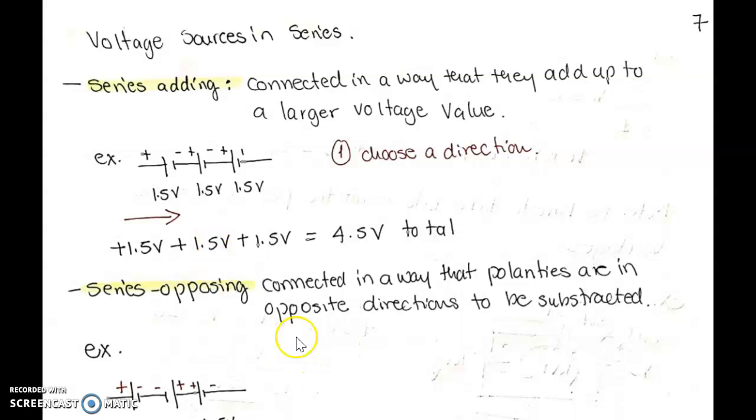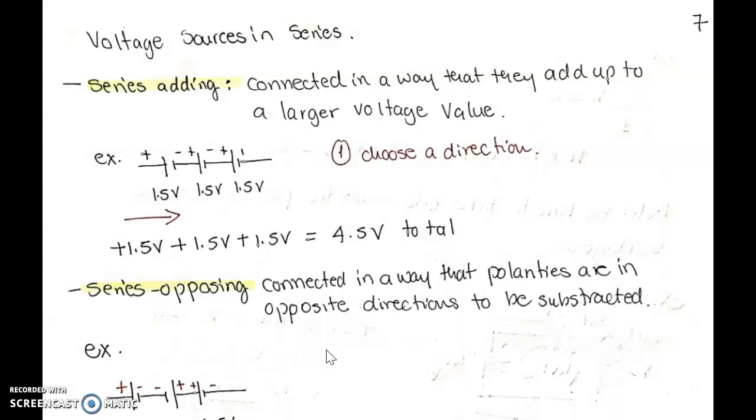It can be a different way. It can be a way that one of the batteries is connected in the opposite way, and those are called series opposing. The definition of series opposing is that batteries are connected in a way that their polarities are reversed.